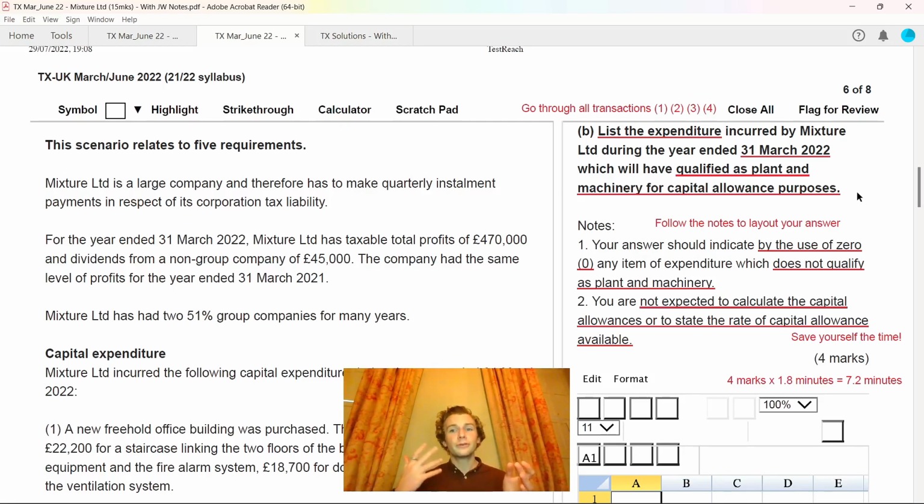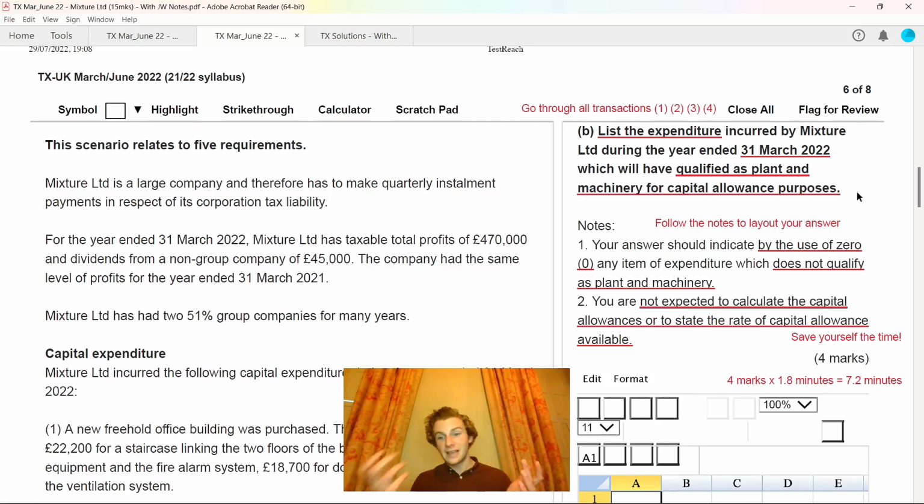And what you've got to go through is all the transactions 1 to 4, but the key thing here, exam technique, really important, as section C is marked by a human, not a computer. The notes that you can see at the bottom, follow those to lay out your answer, because you're told your answer should indicate by the use of a 0 if an item of expenditure does not qualify for plant and machinery, and then secondly, you are not expected to calculate the capital allowances or to state the rate of capital allowance available.